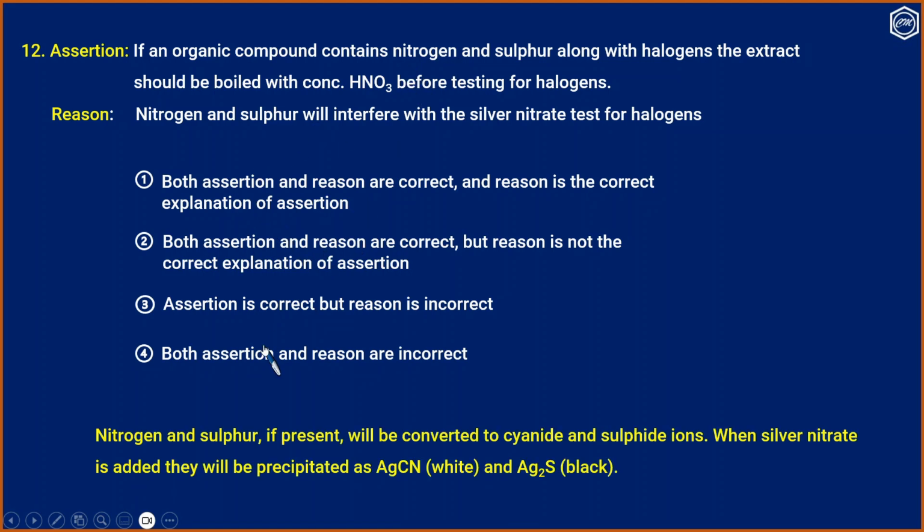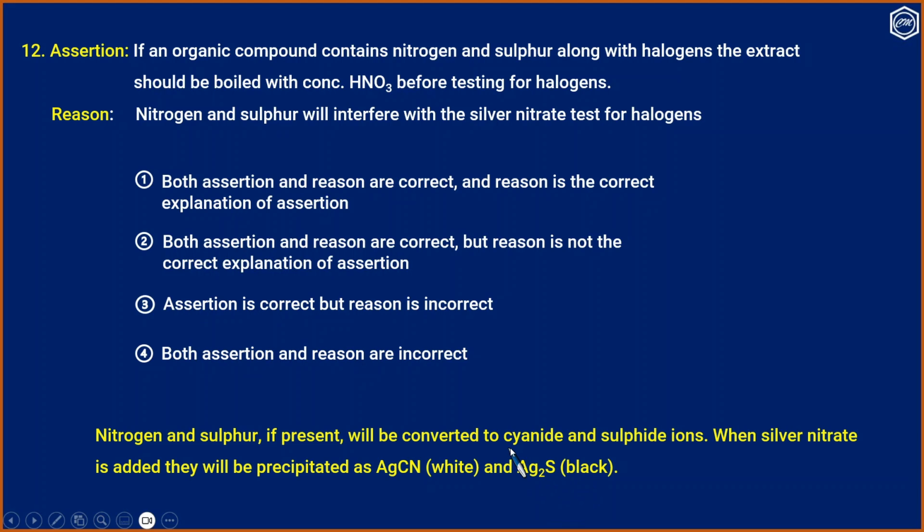If nitrogen and sulfur are present in an organic compound, they will be converted to cyanide and sulfide ions. When silver nitrate is added, this cyanide will be precipitated as silver cyanide, which is white in color, and sulfide will be precipitated as silver sulfide, which is black in color.